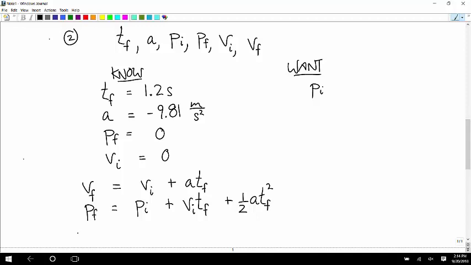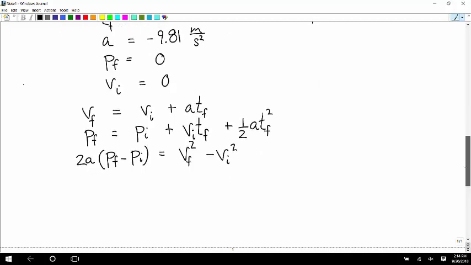And the last one says 2A times the quantity PF minus PI is equal to VF squared minus VI squared. So are there any of these 3 equations that have PI and everything else in the equation is known? The second one, yep.